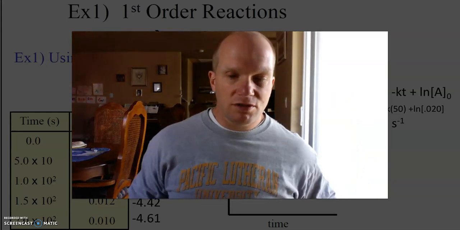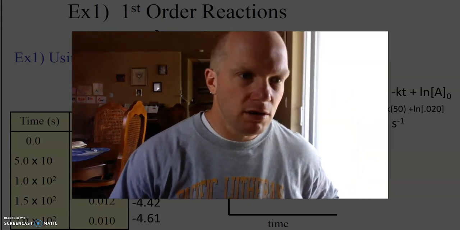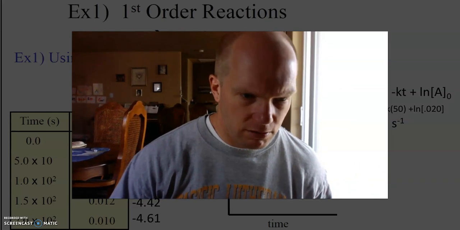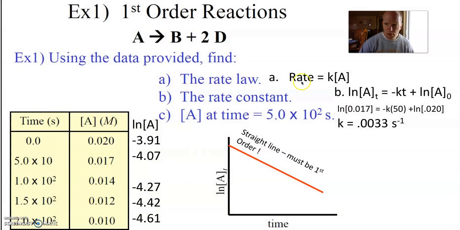And I showed the units for you there on the screen. Remember that our units for a first order rate constant are going to be seconds to the -1, so 0.0033 per second. That way we get our rate to be molarity per second. So that gives us our rate constant.